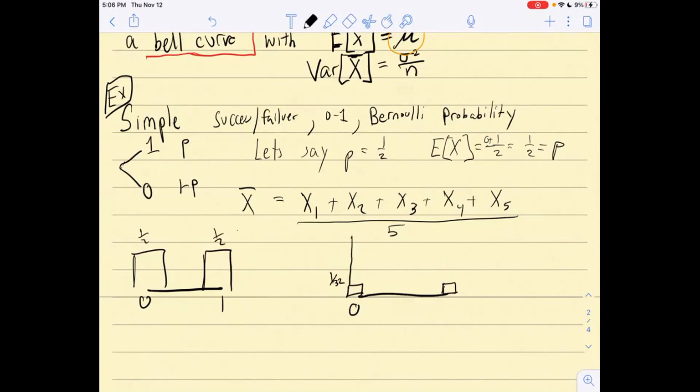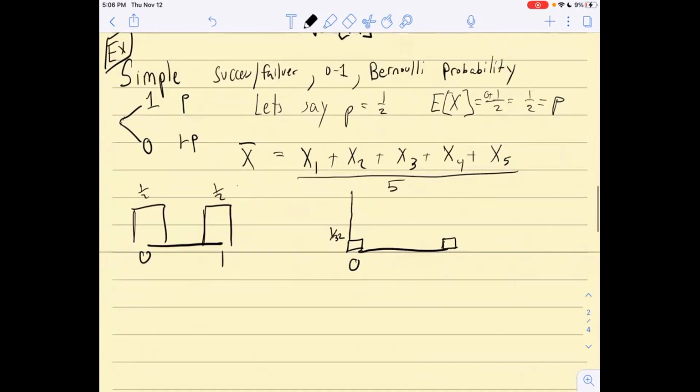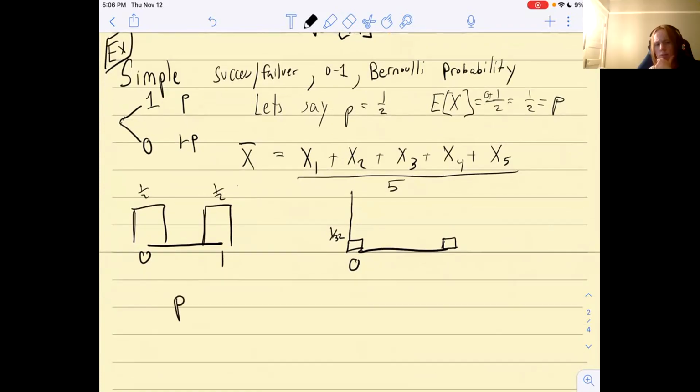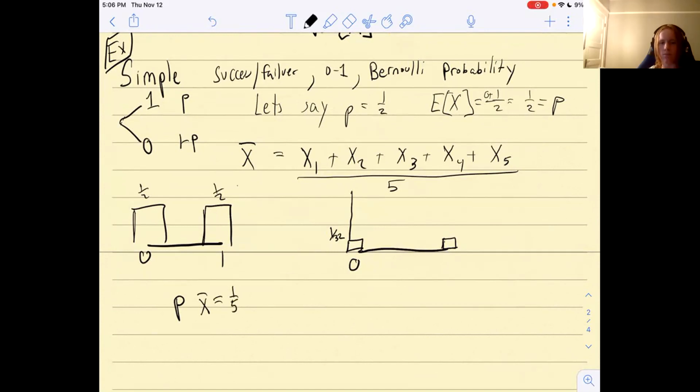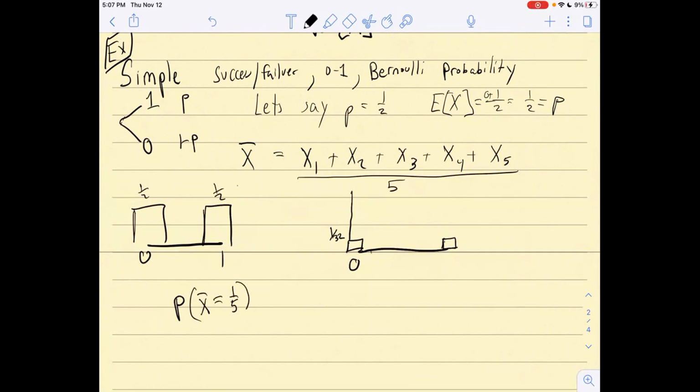What's the chance of getting x bar equal to 1/5? Is it 5 out of 32? Sorry. Perfect, exactly. The probability of x bar equal to 1/5, so let's put 1/5. So these are the possible values.